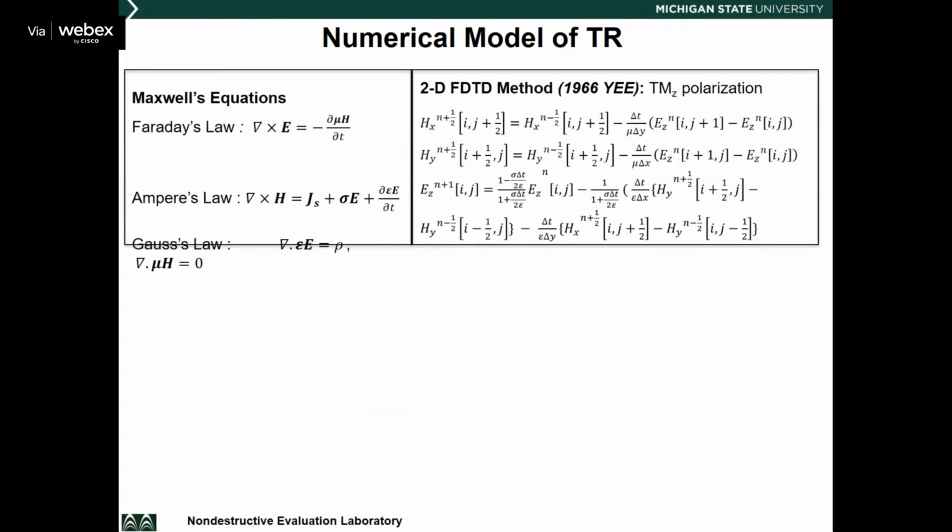This shows the numerical model for time reversal based on the FDTD simulator. This is actually a 2D, very simple FDTD formulation, where you update H and E step by step in this time marching formulation.